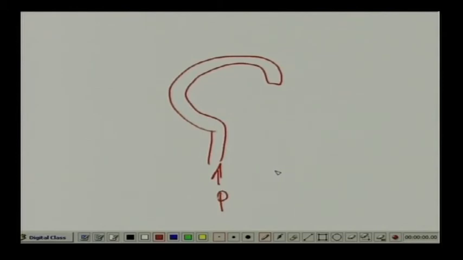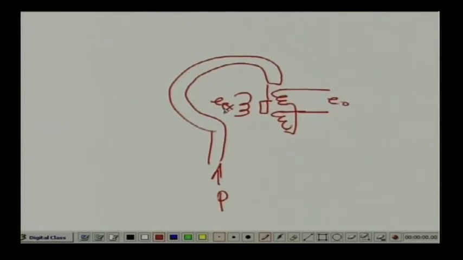So, this tip movement I can sense if I connect a core of the LVDT here. Again this will come here and this will go here, E naught, and this is the excitation.